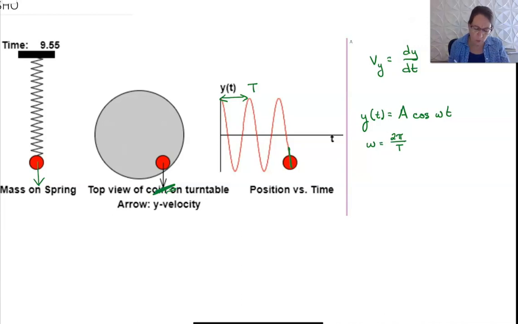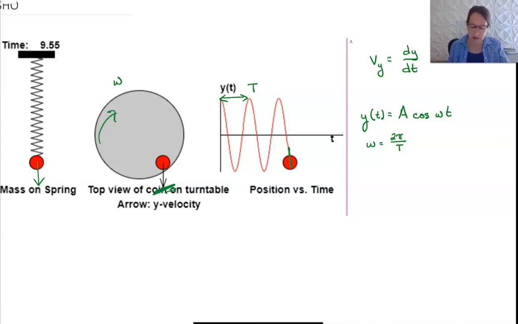So what happens for this rotating object? It's rotating that way. The omega, which is into the screen in this case, is going to be set up so that it's spinning to match the omega for the spring. Okay, so that's your V.